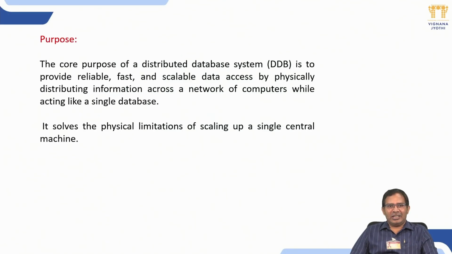Now we will see the real purpose of a distributed database. Here, the distributed database is to provide reliable, fast, and scalable data access by physically distributed nodes. Reliability stating that if one location comes down, the rest of the locations are available to run your system to process the query received from the user across the world.